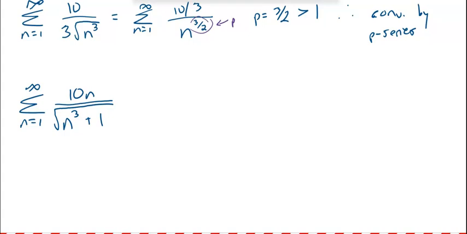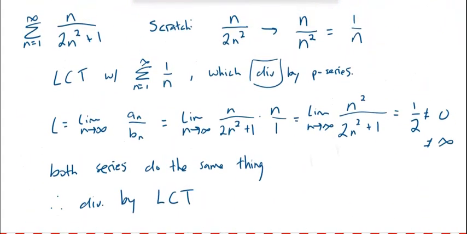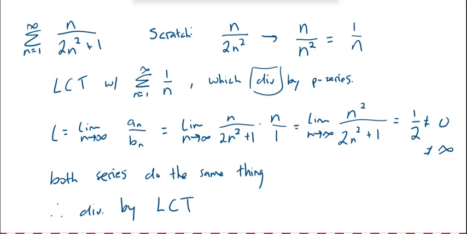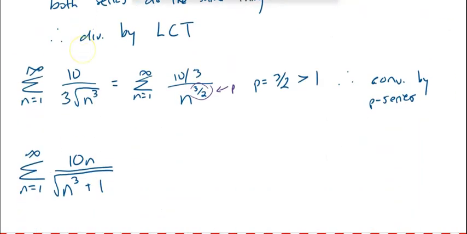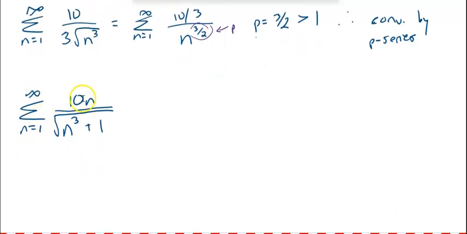Instead, I'm just going to say what we would do. You should see that this one is pretty similar to the other one that we did, where we used LCT because I had a polynomial on the top and in the bottom. Now I have the polynomial on the top, 10n, and this works in the same way. So I'm going to show the scratch work.